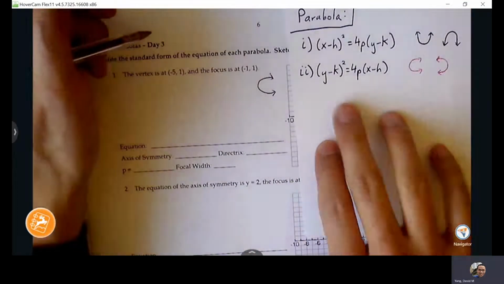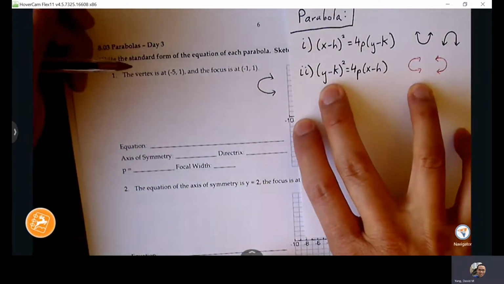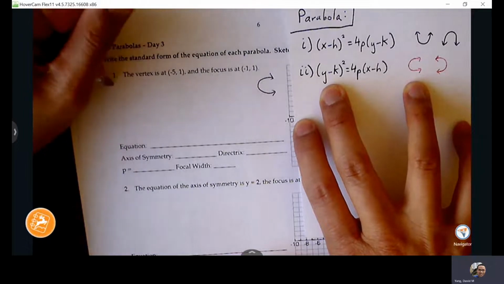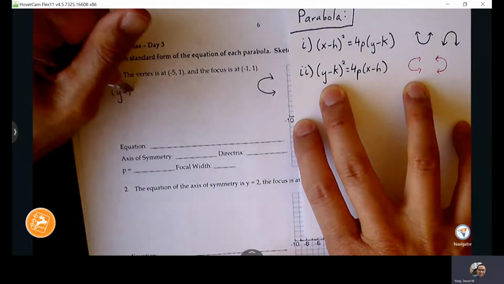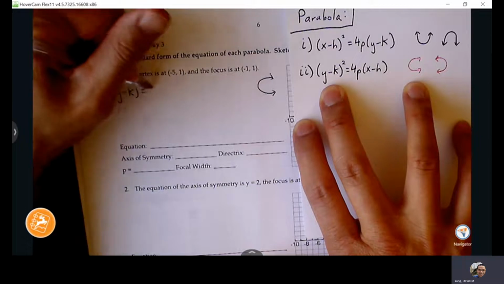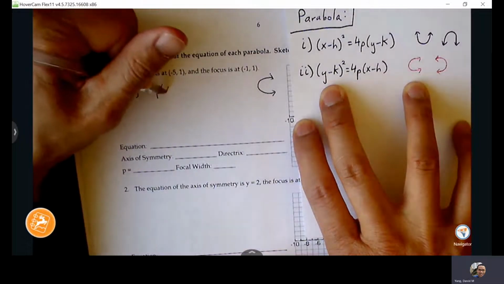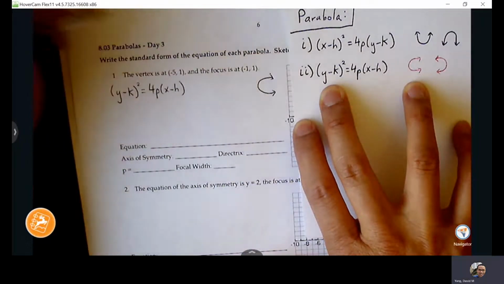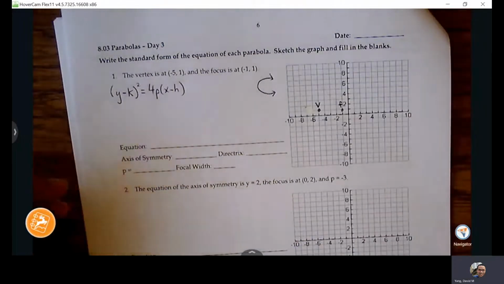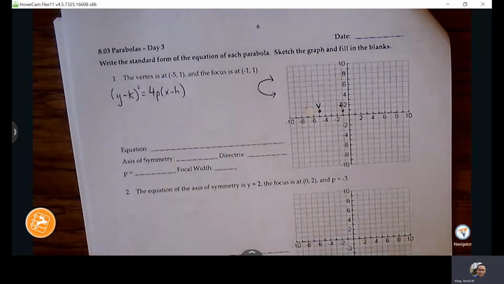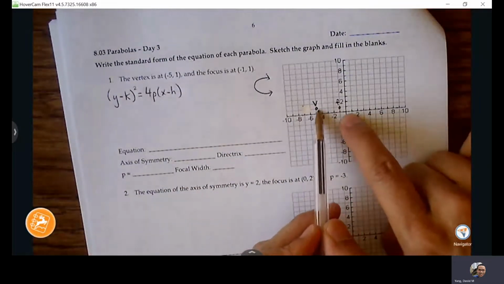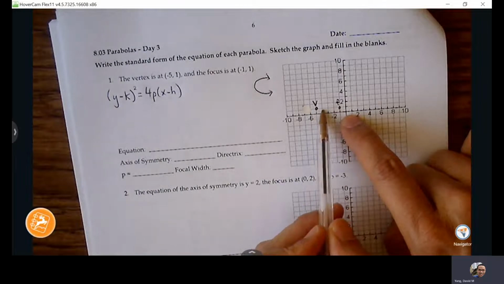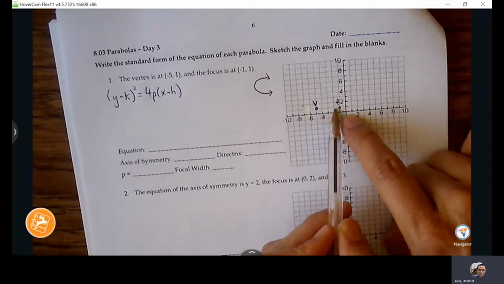And let's just go ahead and put the equation that we're trying to target, right? We know that we're trying to create an equation that has the y being squared. Now, if you count the distance between vertex and focus, what information do you get?